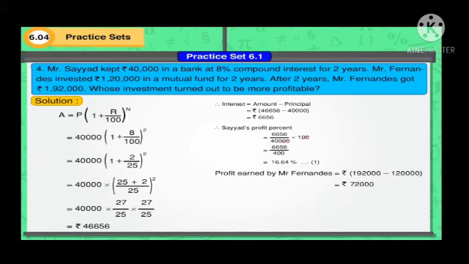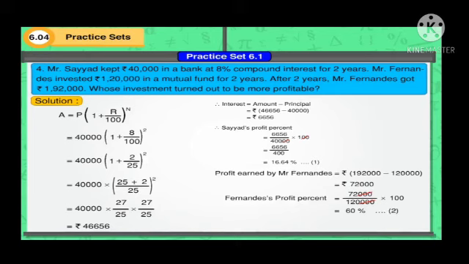Now let's see his profit percent. Fernandez's profit percent is equal to 72,000, that is the profit, upon 1,20,000 into 100, which is equal to 60%. Let us consider this as statement 2.